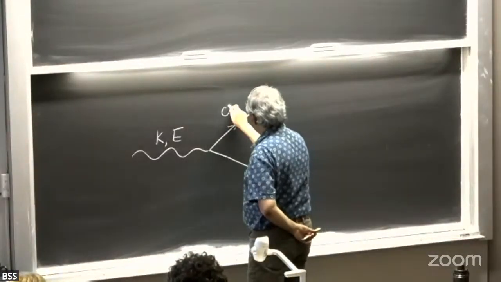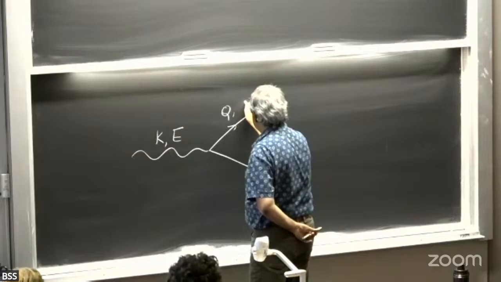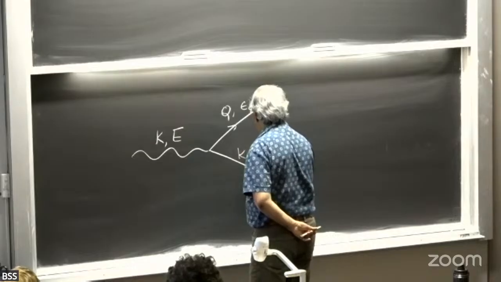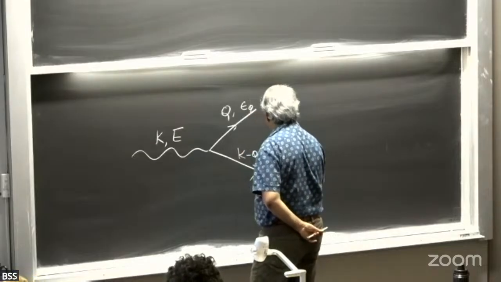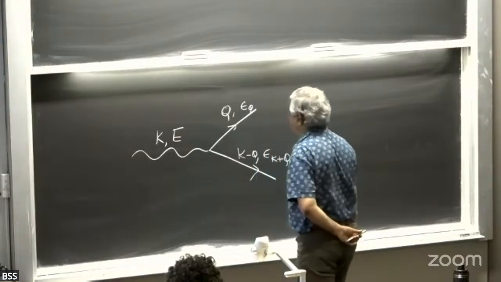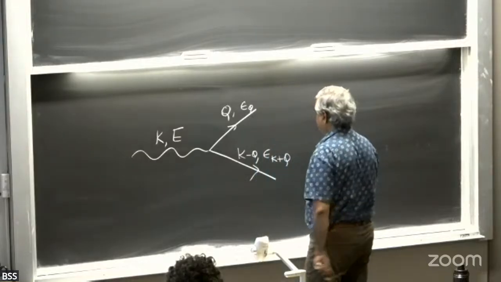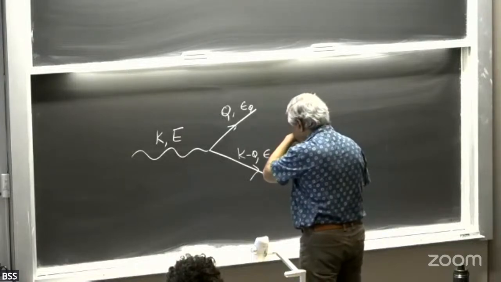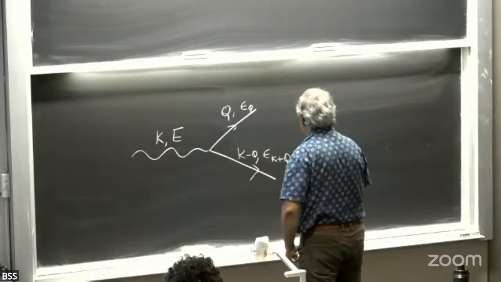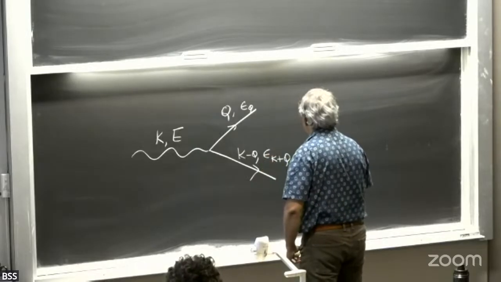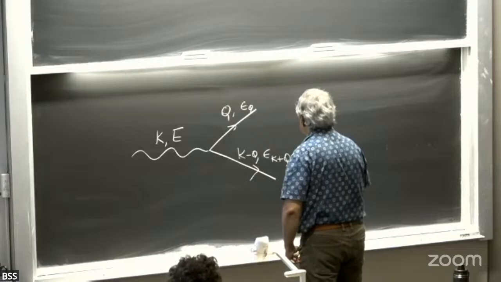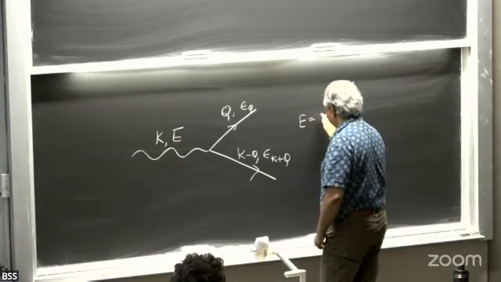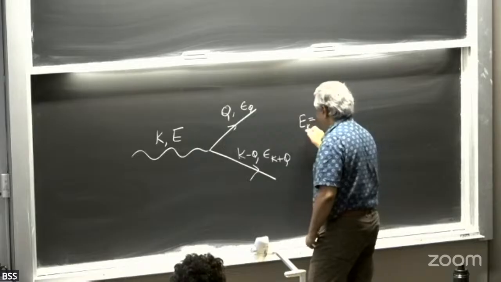One spin-on can have momentum q and some energy E of q, and the other momentum k minus q and energy E of k minus q. Now this energy has to be conserved.